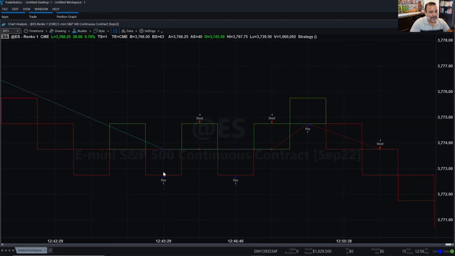Let me see. Here, the criteria on the short side is met because we have a closing price lower than the previous one. So what happens next? It generates an entry for the next bar, but take a look at the Renko. Since the opening of the Renko is up here, it's making my entry seem like it's better.